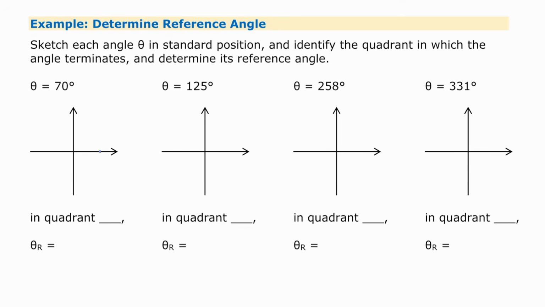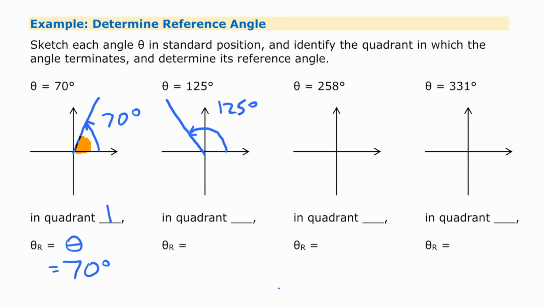So an angle of 70 degrees, the terminal arm up about there. In quadrant 1, the reference angle is the angle itself. So theta r equals theta, which is 70. Next, 125. It's bigger than 90, somewhere around there, in quadrant 2, obviously.